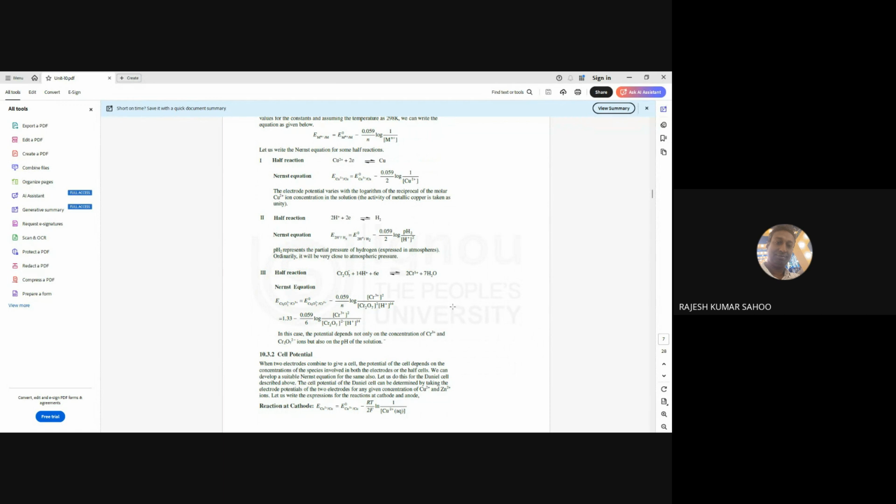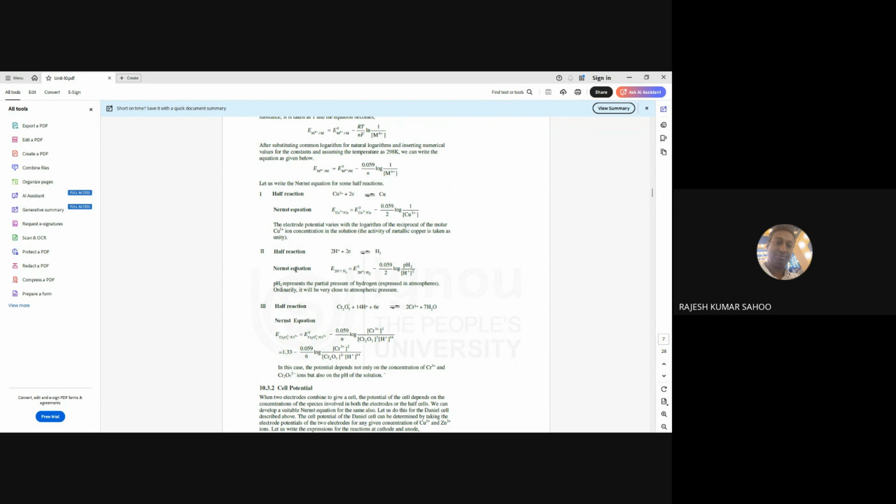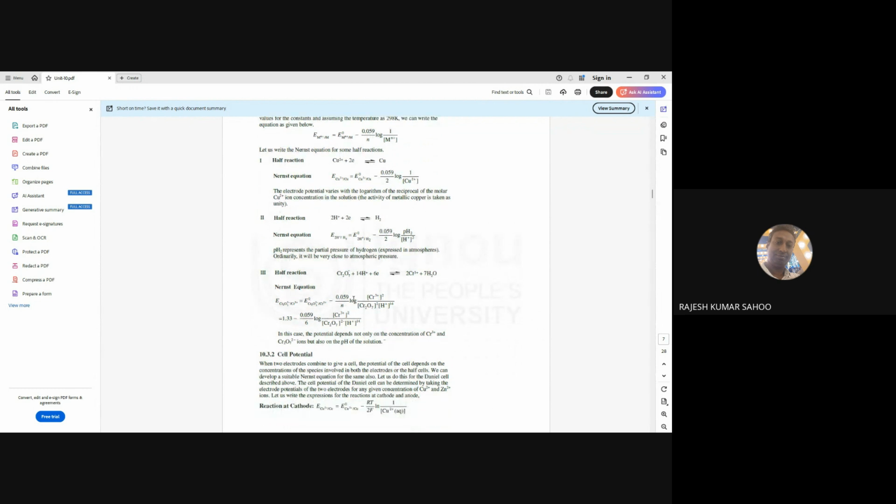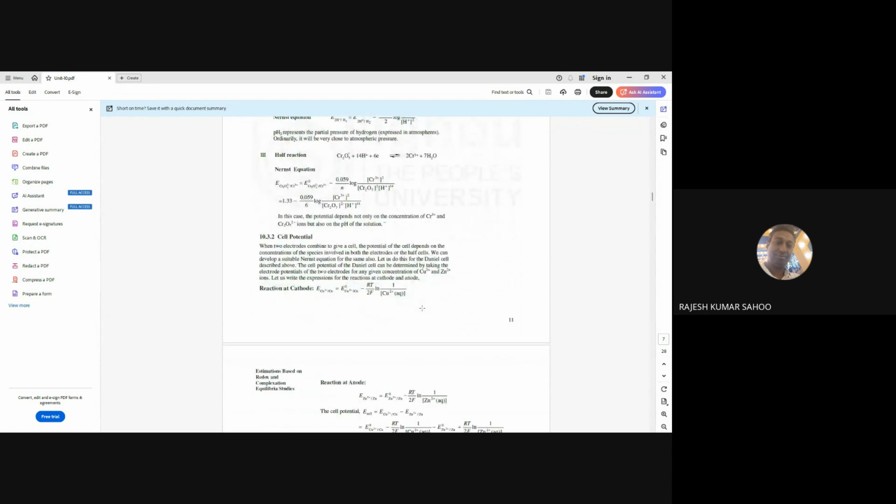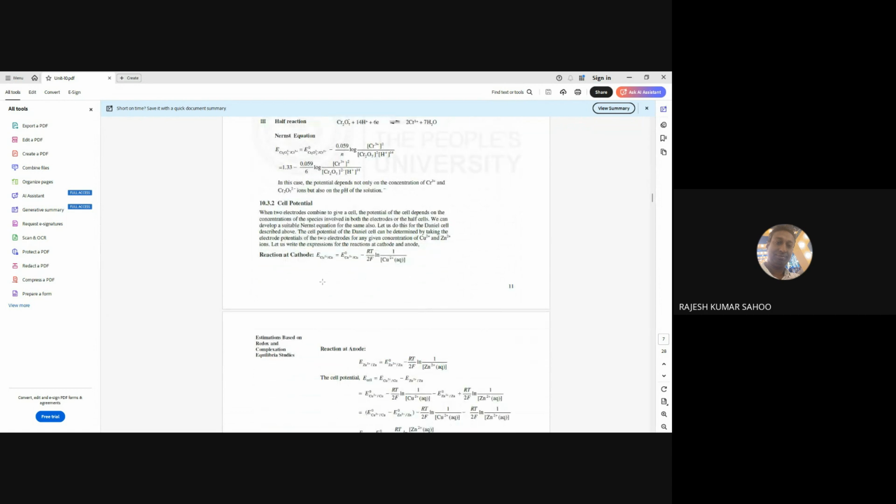You can see then the cell potential. The first half cell is Cu2+/Cu, the next one is 2H+/H2. Its potential is there. Then you can take the difference of the values and calculate the cell potential. So you can see the reaction at the cathode, the reaction at the anode, then E cell equals E0 cathode minus E0 anode in terms of reduction potential.